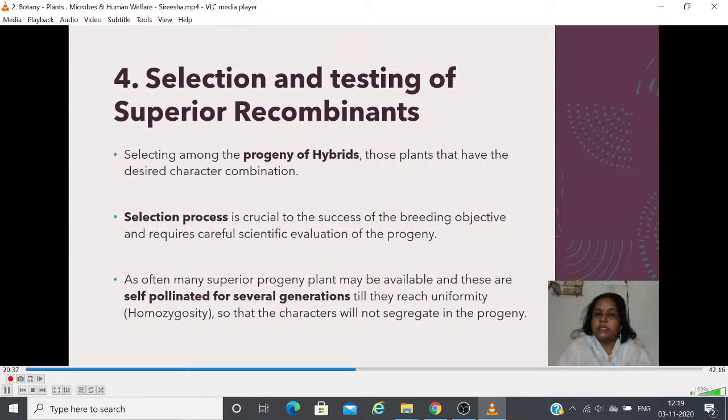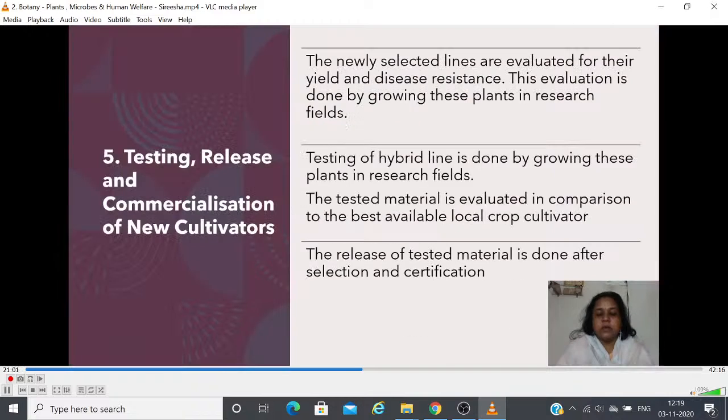We will get the same desired genes for many generations, and thus the quality will be maintained, so that all the plants will have the same genetic constitution, or you can say homozygosity. That is, these plants are only self-crossed and a greater yield is produced. This is the fourth step.